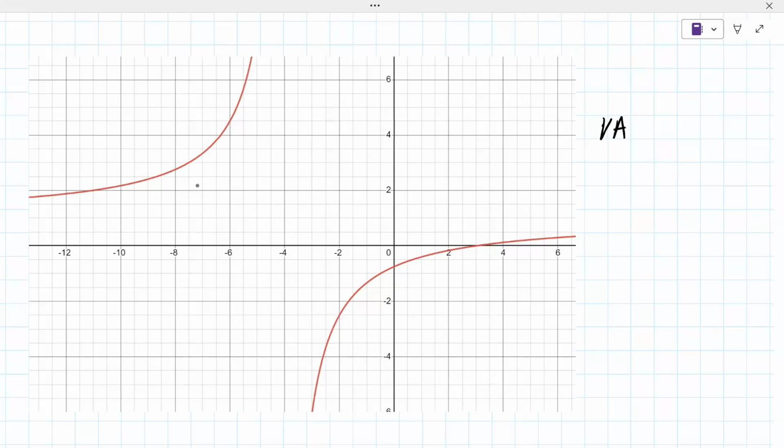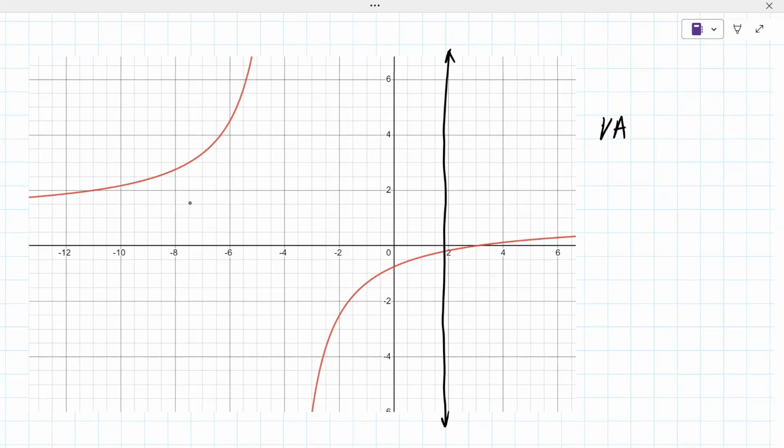So the vertical asymptote right there is going to be around 2. Right. So you've again given me the equation of a line that intersects the graph. Is that what you meant? Yeah, it's going to be X equals 2.